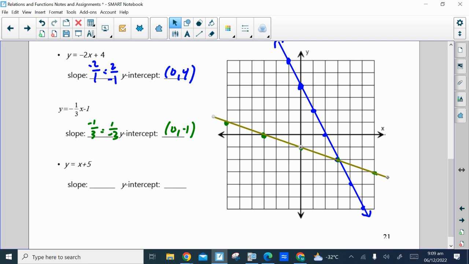And we always put arrows on the ends of our lines to show that that pattern is continuing forever. And again, this slope is negative 1/3, and because of that, the line falls as you go left to right.